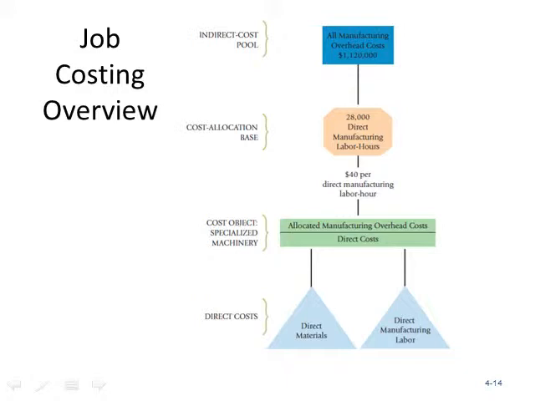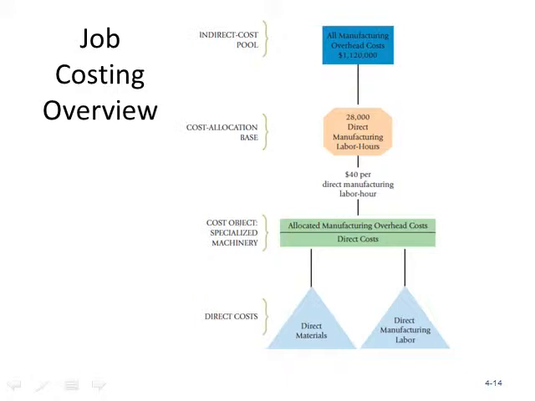This gives us a graphical representation of the job costing overview incorporating all 7 steps we just talked about. We have an indirect cost pool, which is all of our manufacturing overhead costs. That's where the rent sits, where the salaries for indirect personnel sit, where the property tax is, where the insurance is. We develop this allocation base, which in this example is determined to be direct manufacturing labor hours.